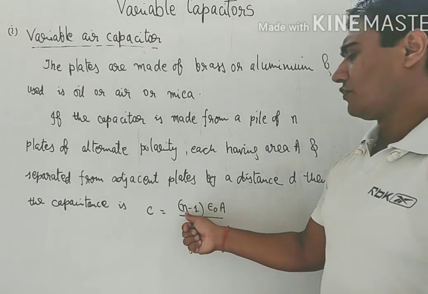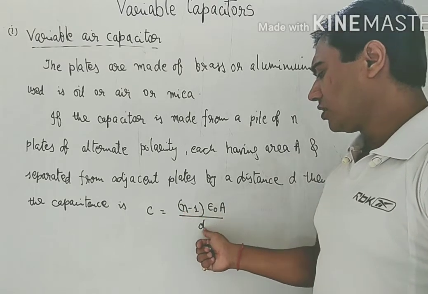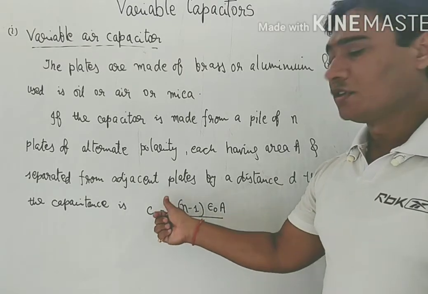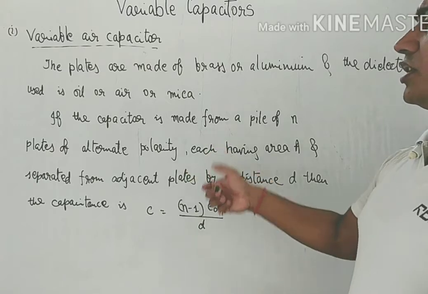So placing the values of n, effective area, and d here, we can have the capacitance of such an arrangement.